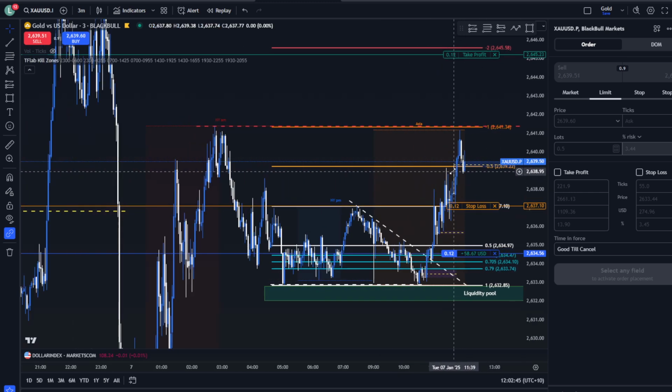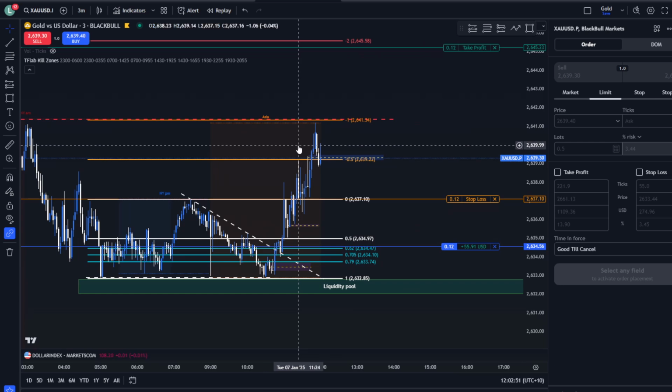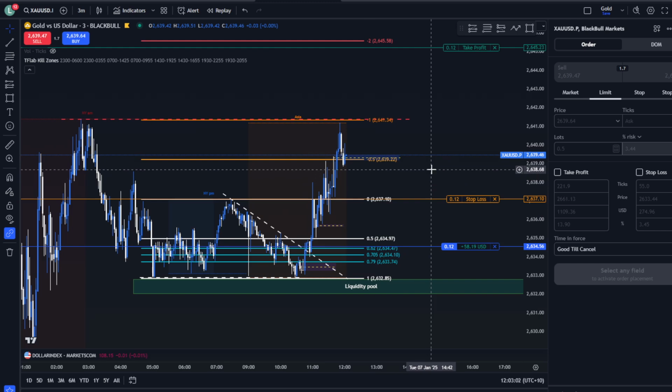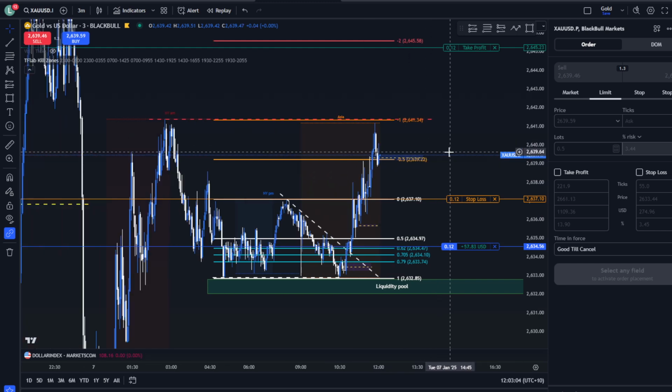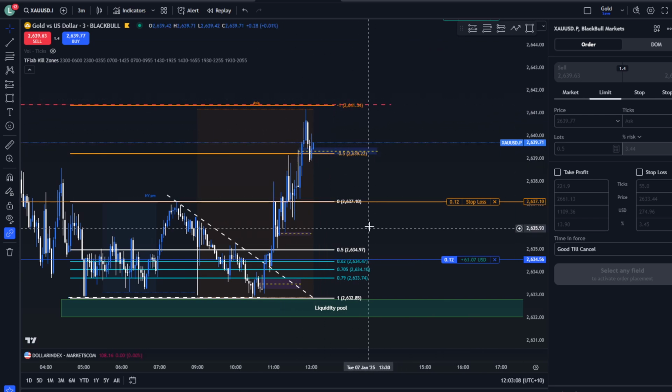It's possible that what we've done is we've touched this New York high up here, and maybe we don't grab this area, maybe we come back down and hit my stop loss. So for the moment I'm going to let it play out some more, and we'll come back when it's either close to one of these two areas.